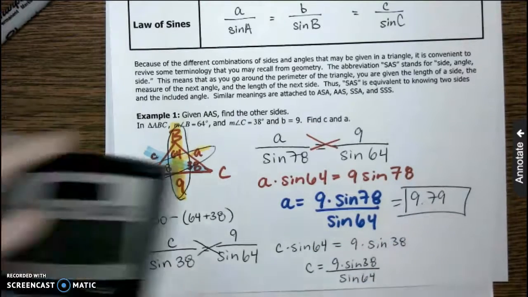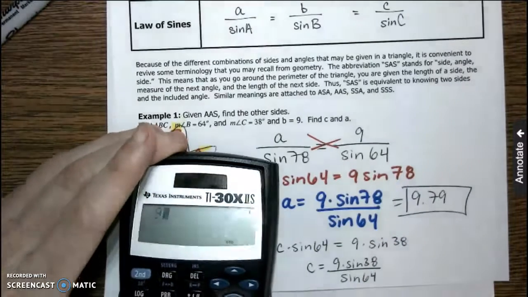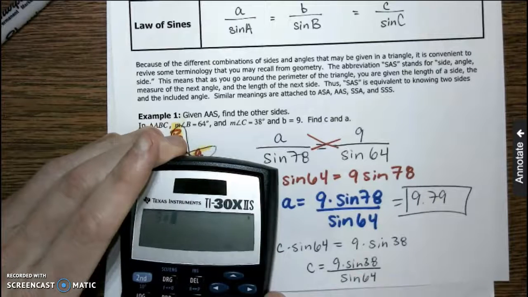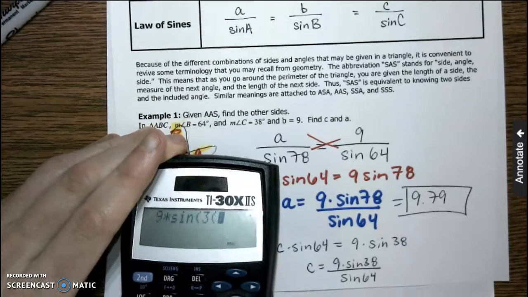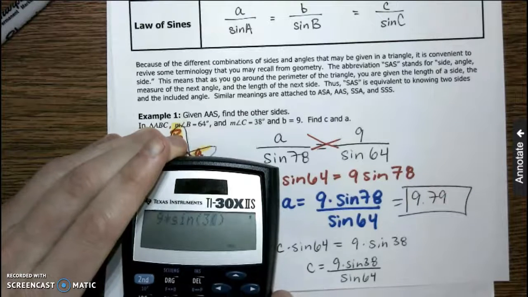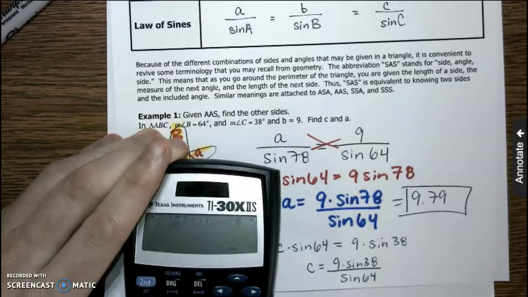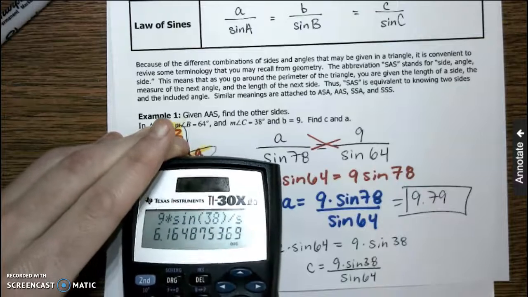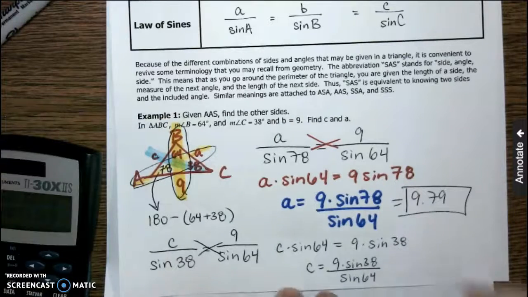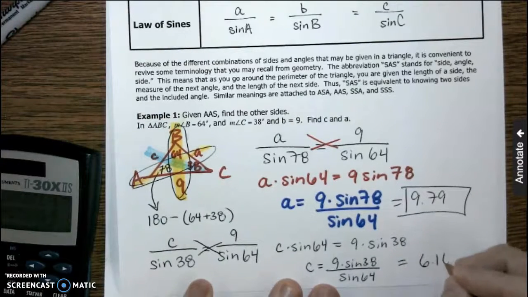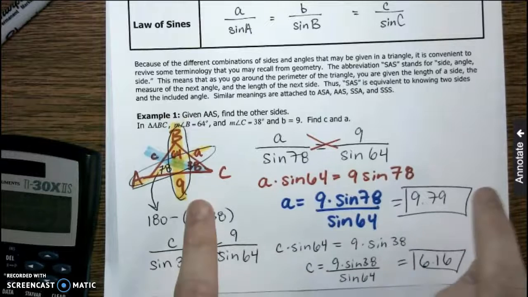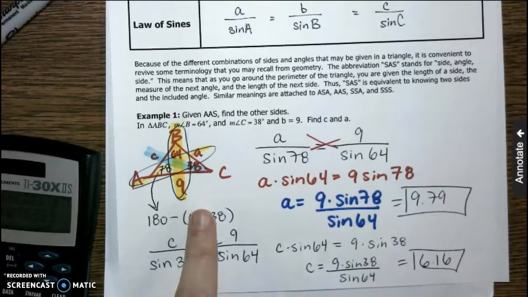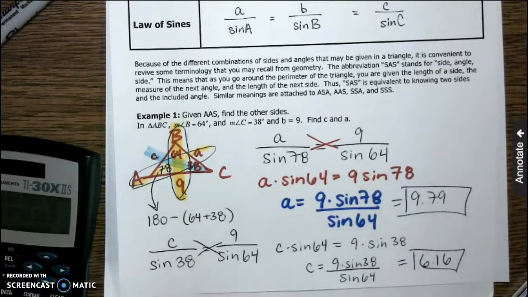Type that in: 9 times the sine of 38, close your parentheses, divided by sine of 64. I'm getting 6.16 for C, which is also very comparable to the 9s that I'm getting for the other sides. So I can trust that my answers are correct.